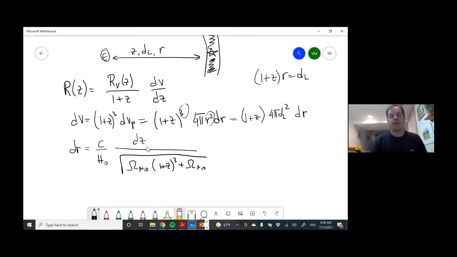So c, of course, is the speed of light. H0 is the present value of the Hubble parameter, so about 70 kilometers per second per megaparsec. And this part here is the evolution of the Hubble parameter, right? So this is the energy density in matter. It's a number of about 0.3.